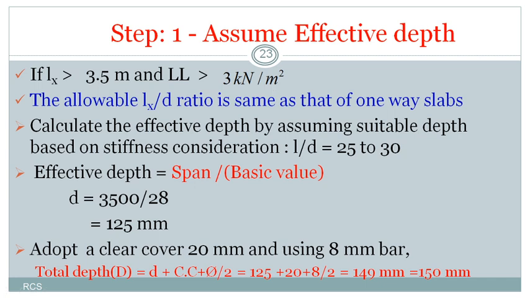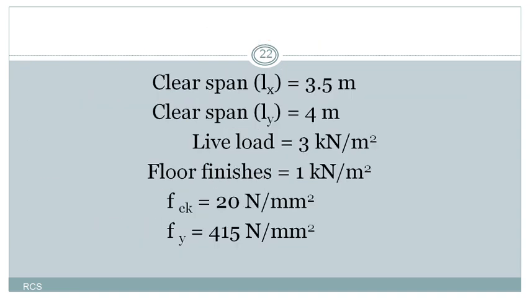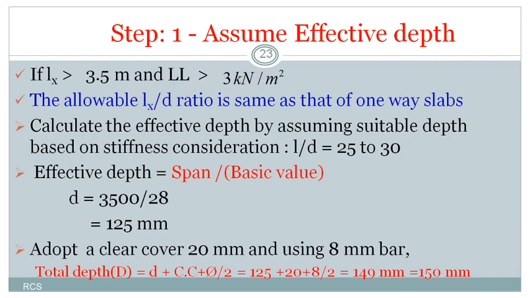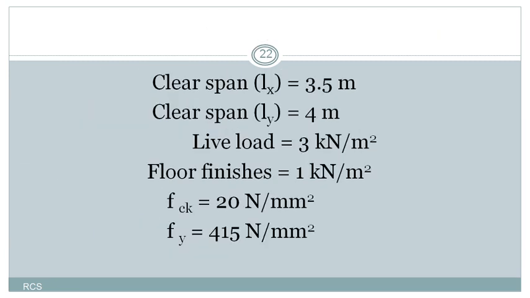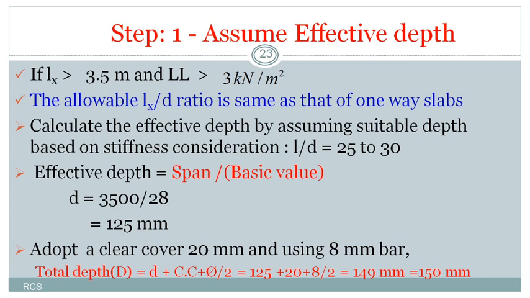The LX by D ratio is the same as what we consider for a one way slab. In the problem our dimension is 3.5 and live load is 3, which is exactly equal to that. So you can take either, and I am taking the LX by D ratio the same as that of a one way slab.